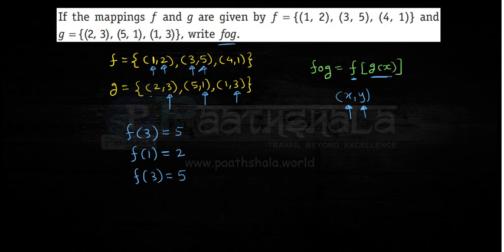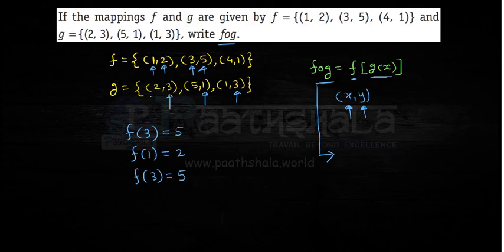So for FOG, the input is the input of g of x. I'm writing here.